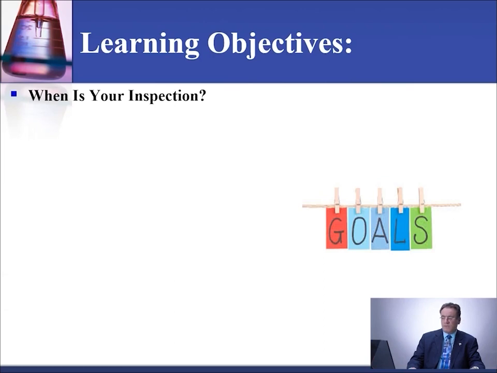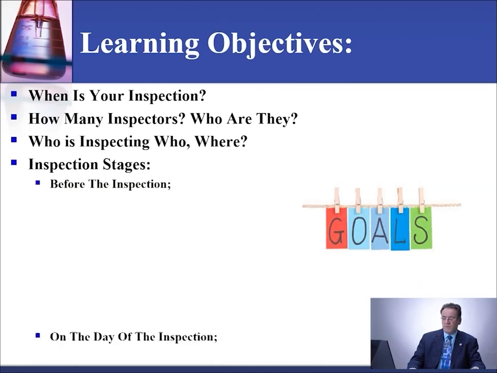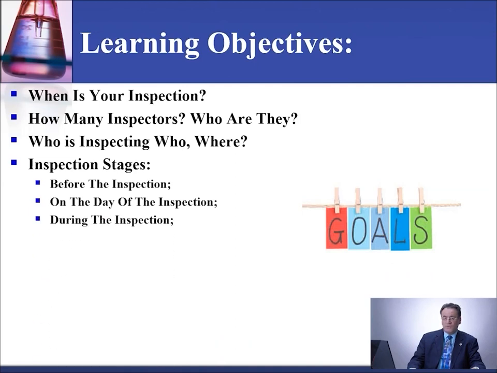The learning outcomes for today's lesson: when is your inspection? How many inspectors are you going to get? Who are they? Who is inspecting who and where? Inspection stages: before the inspection, on the day of the inspection, during the inspection, at the end of the inspection.